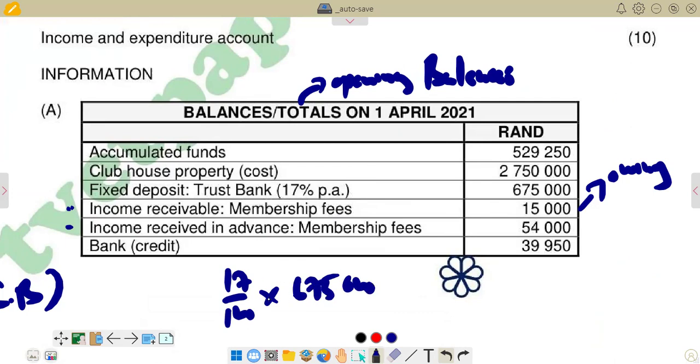And then we'll get the amount for the annual, which is for 12 months. But we only want 2 months, so we are going to multiply by 2 over 12. Remember, 17 over 100 as a decimal becomes 0.17. So we're just going to summarize it: 0.17 times 675,000. So go there. That's a section.